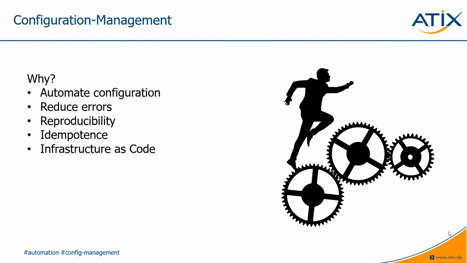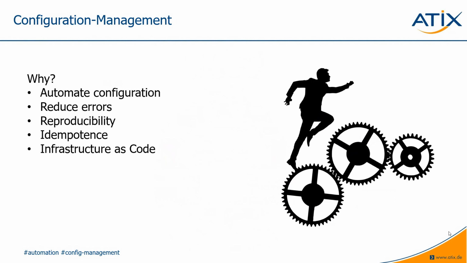If you have one way which is always the same way, you can reduce errors. So if you have to configure the same thing on 50 machines by hand, it's more likely that on one machine you make some error. This can be also automated using a bash script, but those tools have also some other advantages.